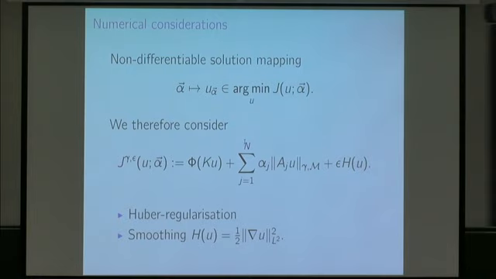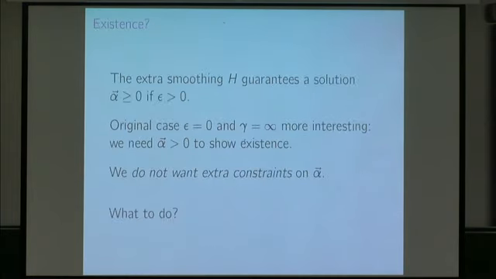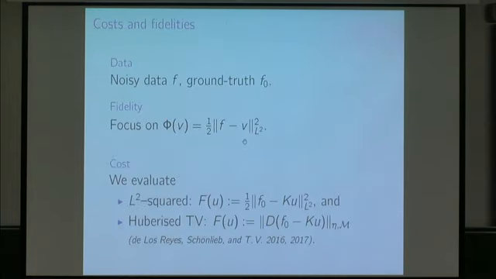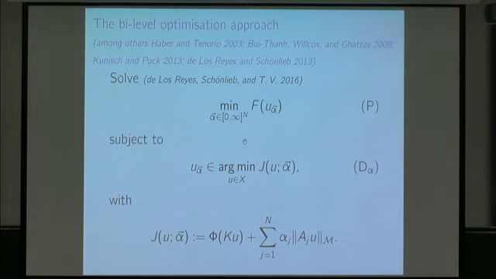So for numerical purposes, we have to smooth it at the current state of algorithms. So we add some Huber regularization to these norms here, and we also add some Hilbert space smoothing term at the end. Now, what we would like to know is whether these solutions also converge to the original solution with epsilon equal to 0 and gamma equal to infinity, and whether this original problem here even has a solution.